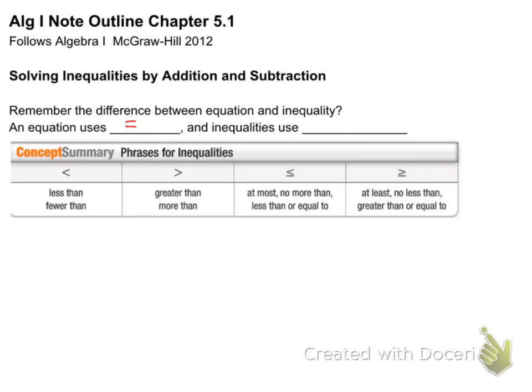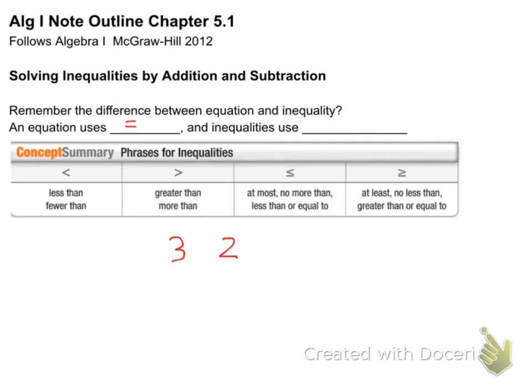We also should have learned that if you had two numbers up here, 3 and 2, what symbol should I use? Or should I say, which way should the alligator mouth be opening? To the left.